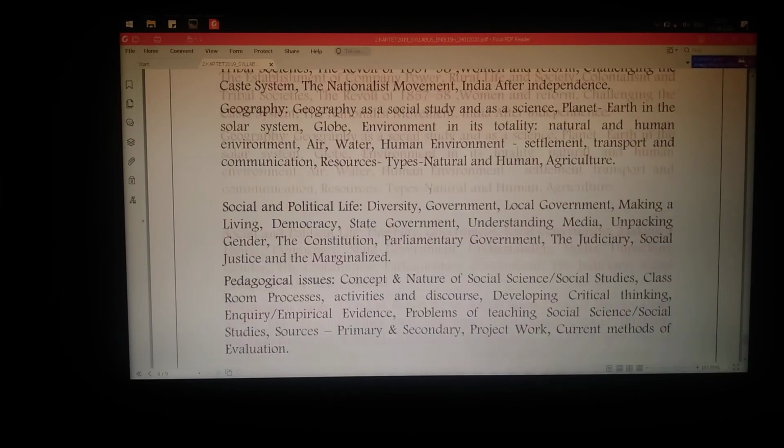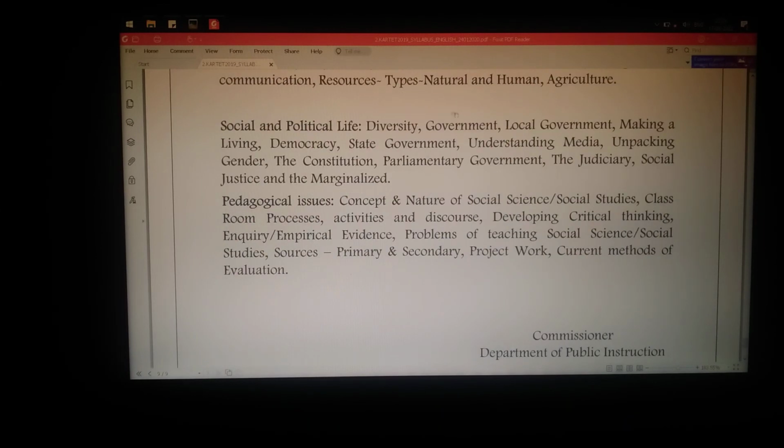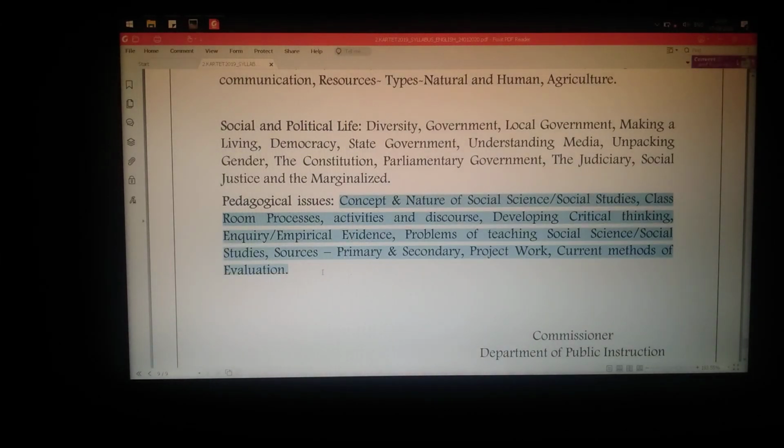Next is social and political life, diversity, local government, making a living, about economics, industries, civilization. Why do we need industry? Why do we need agriculture? And lastly, finally, we have to study the pedagogical issues of social science teaching.